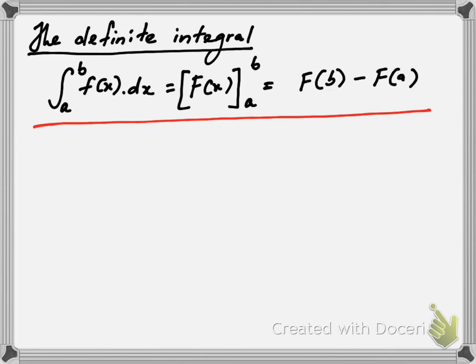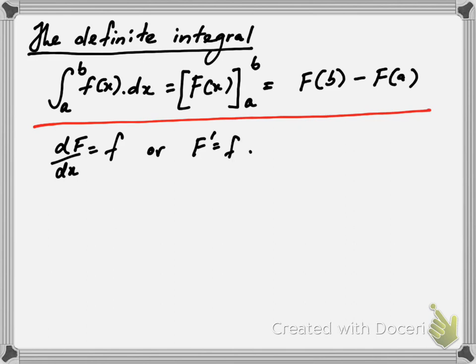Now, one of the important things to note here is that if you differentiate capital F with respect to x, you will get F dash, which would be equal to small f.